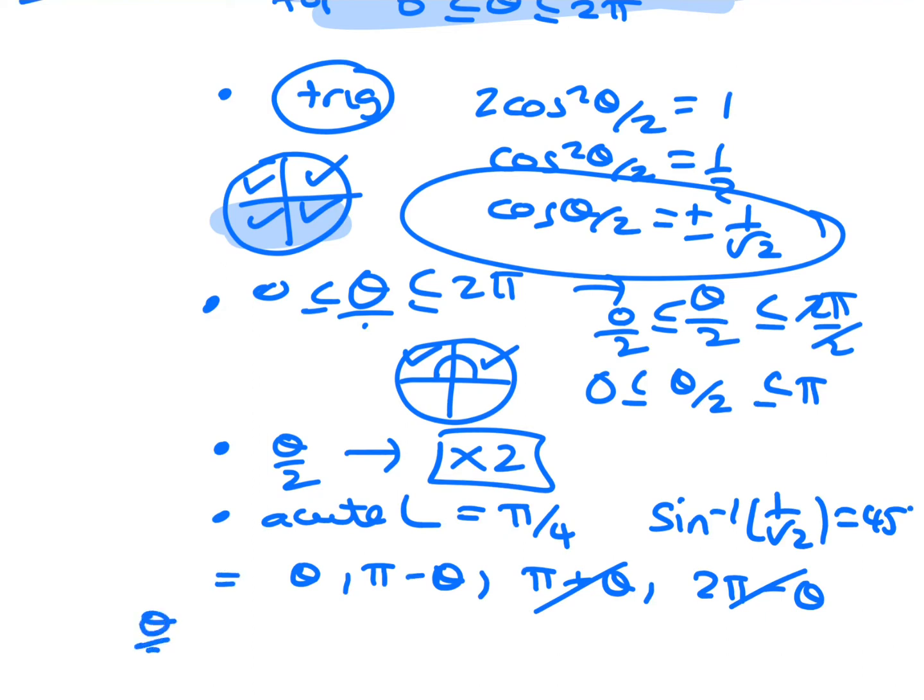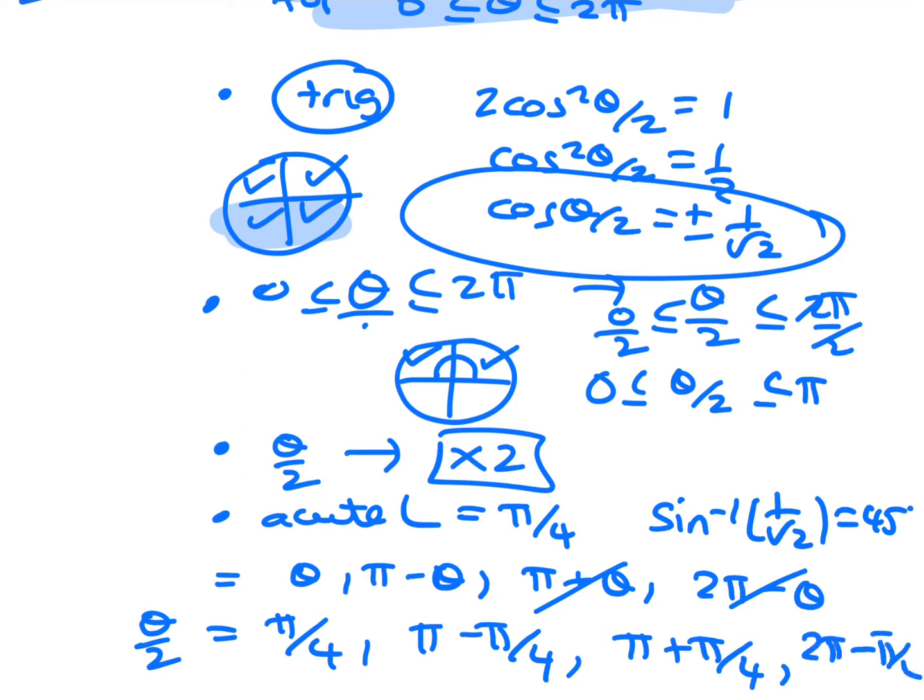Okay, so we go theta on 2 equals, so that's pi on 4, pi minus pi on 4, and I'm just going to put these in so I can show you they are actually out of the domain, but the ones that will be in the domain we will keep, and that'll just be your first 2 here.